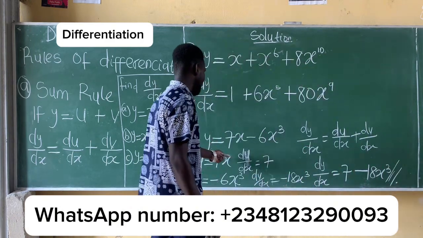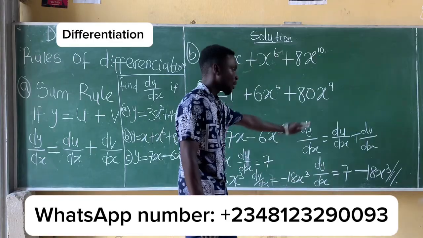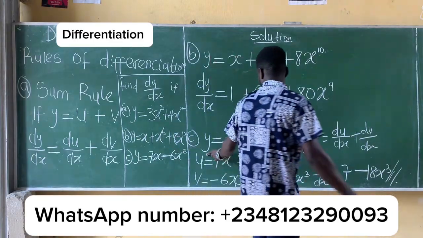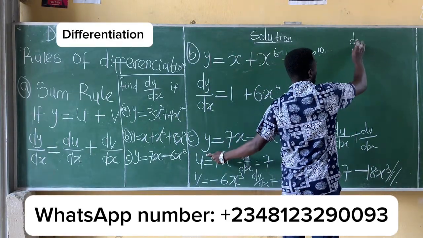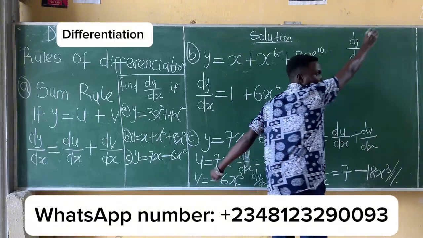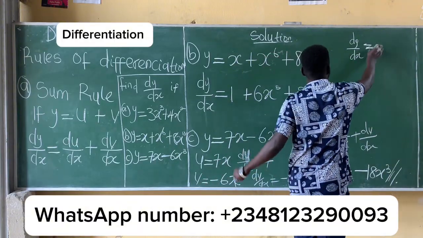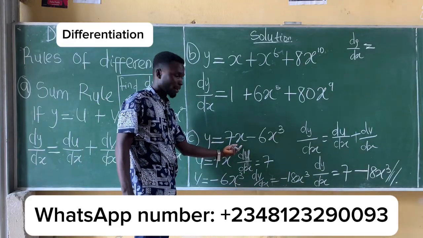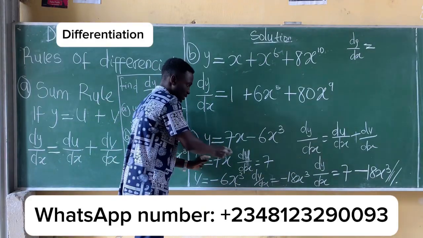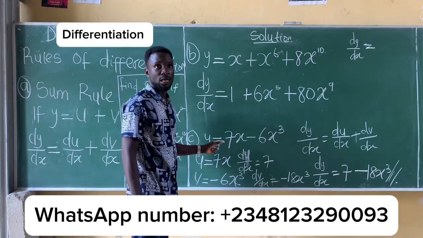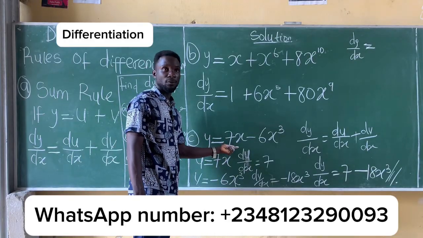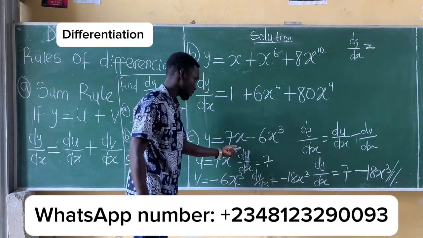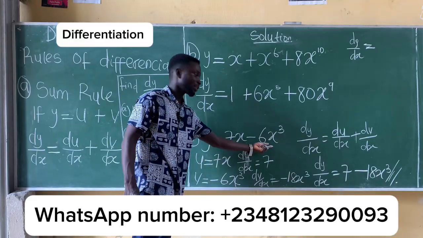But instead of writing this long process of solving, we can simply say that our dy dx is just equal to, just like we did for the b, differentiate 7x here. Instead of writing this long, we can just go straight to the answer. Say differentiate this minus differentiate this.